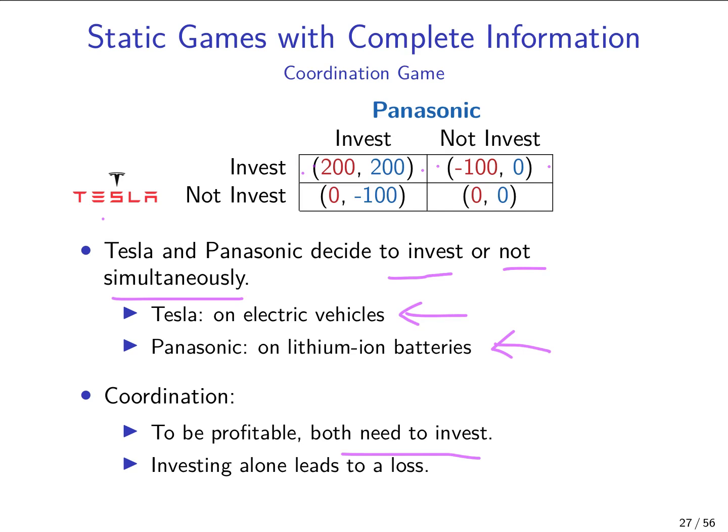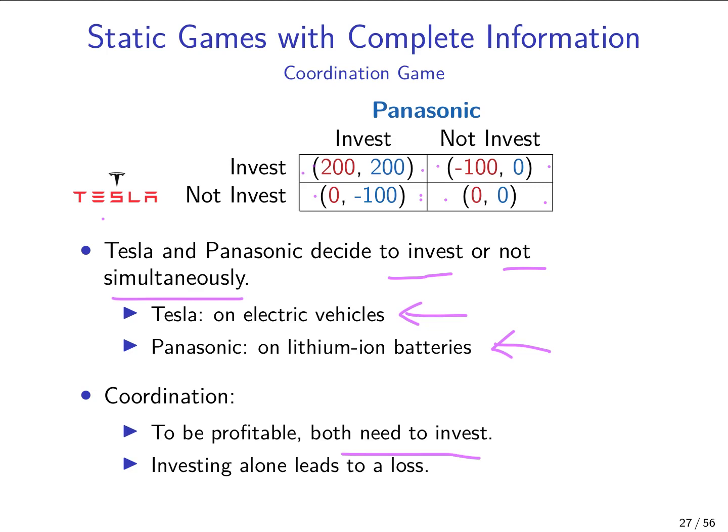And similarly, if Tesla doesn't invest while Panasonic invests, then you can imagine that there might be no successful electric vehicle that is really popular, and Panasonic can't sell a lot of its lithium batteries, so it loses money. In that case, Panasonic will lose 100. So if neither invests, everyone gets 0.